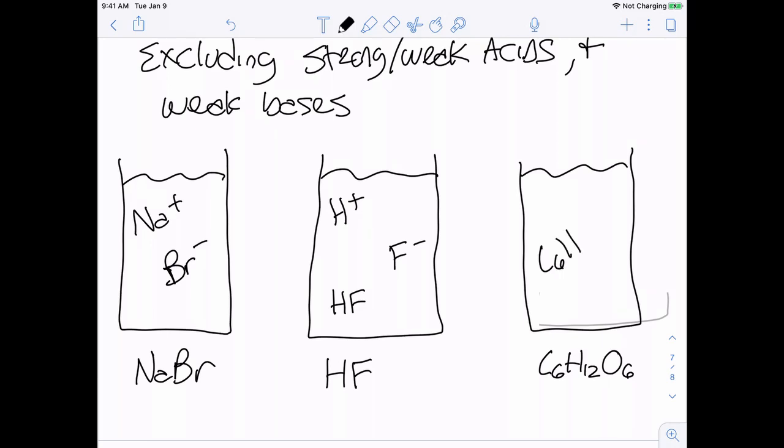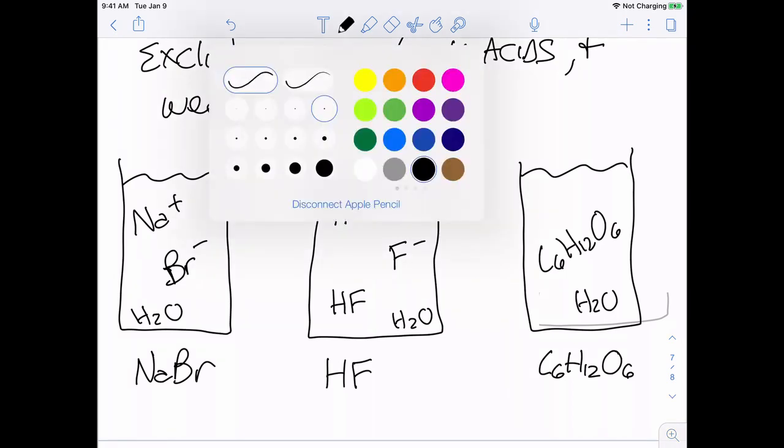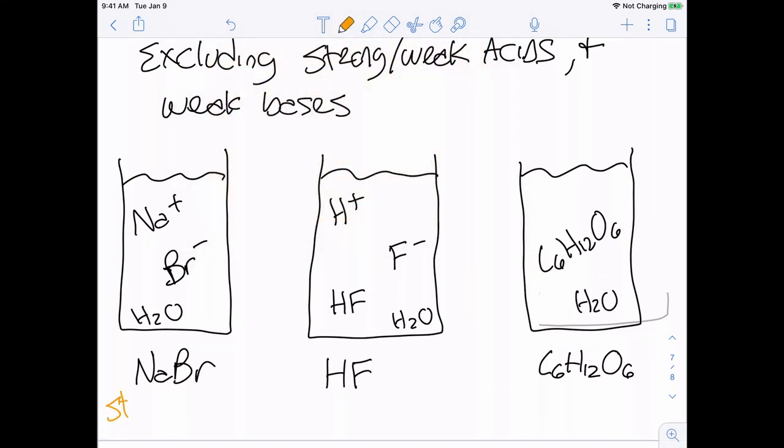So C6H12O6. And then of course they all have water in them. So my strong electrolyte, our weak electrolyte, and the non.